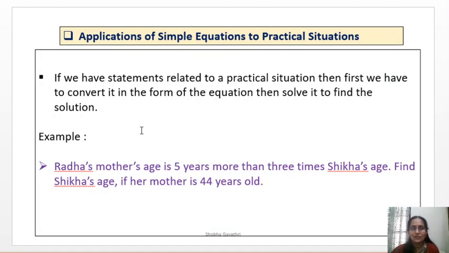Now when practical situations or real life problems are given in word statements, it is a very important step in simple equations to translate them into algebraic statements, to get algebraic equations.